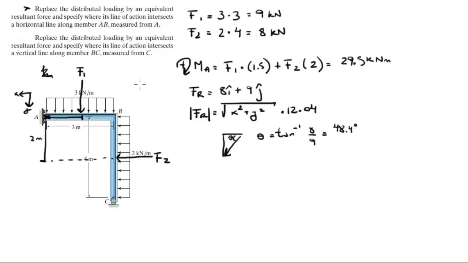They want you to find where this force would be applied from A to create the same moment. Remember, the resultant force is at an angle, so the force is applied at an angle like that, and they want you to find the distance from A where this force will be applied.